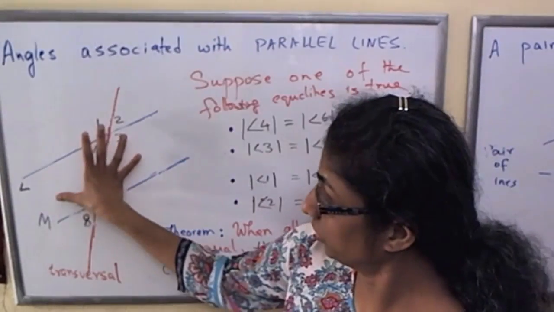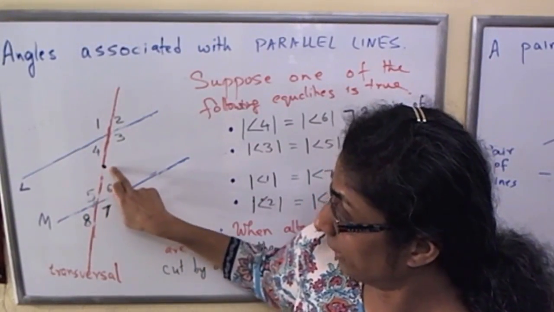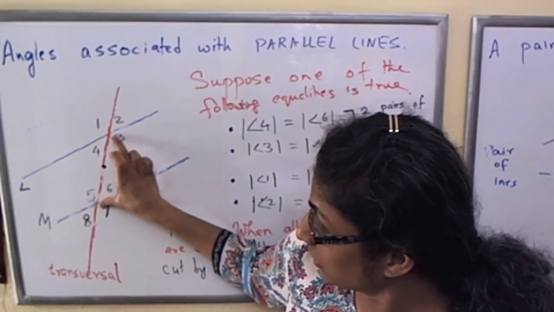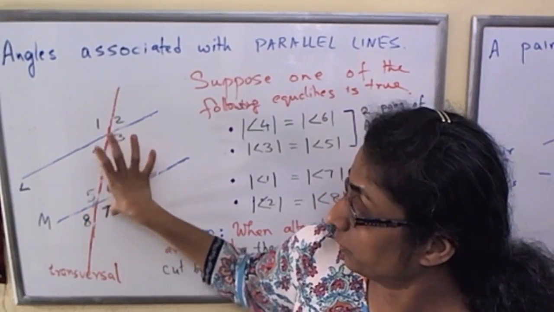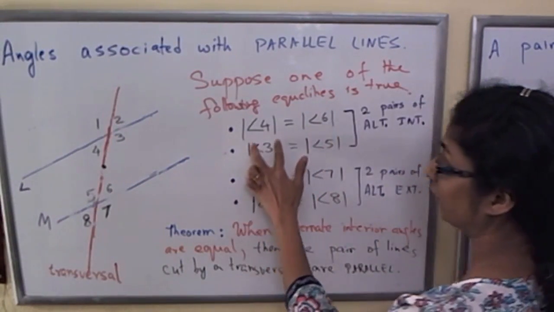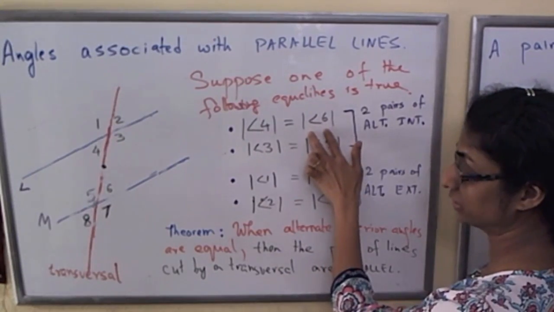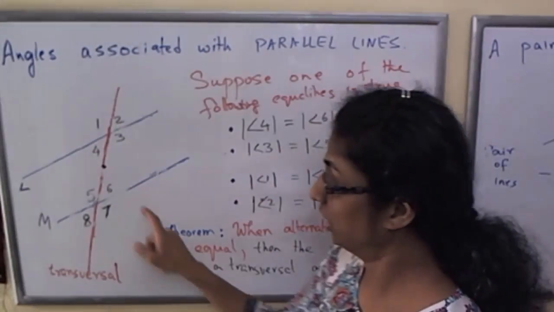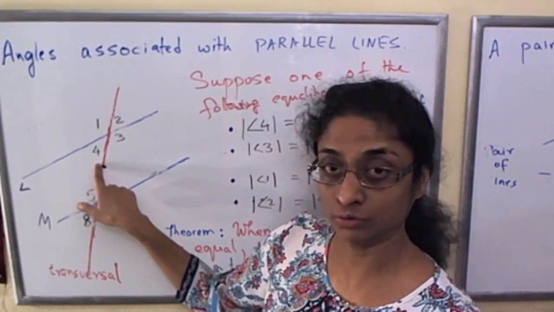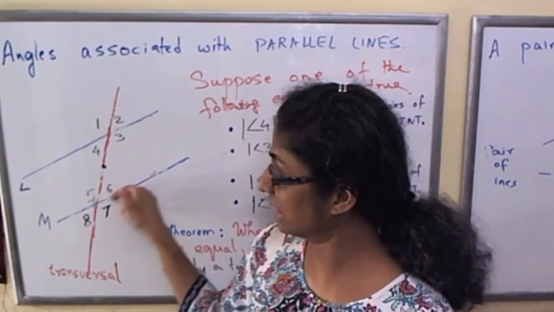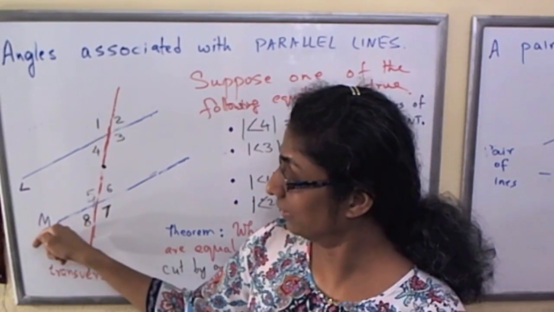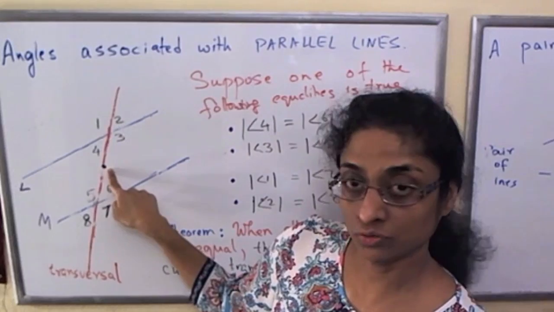Because if you rotate about this black point, which is the midpoint of this segment, and if you perform a rotation by 180 degrees, the fact that angle 4 and angle 6 are equal in measure tells you that angle 6 will be mapped to angle 4. Well, where does line M get mapped to? Notice M does not contain the point of rotation.